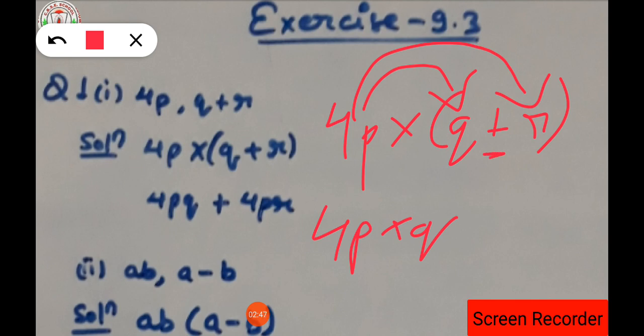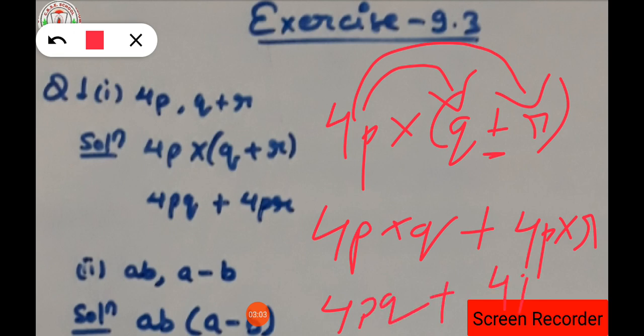Then which sign is there in between q and r? Plus is there, so plus will come. Then 4p will be multiplied with r. As they are different variables, they will directly come in the answer. That means 4pq plus 4pr will be the answer.